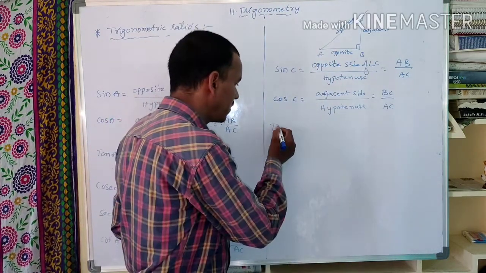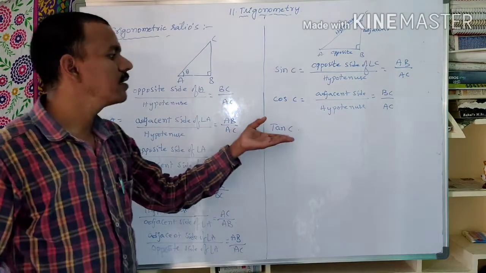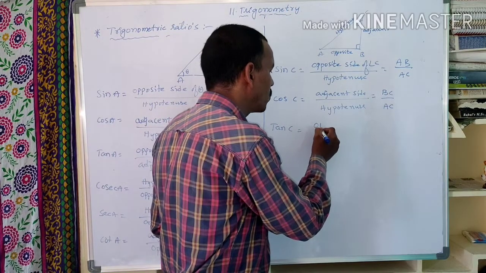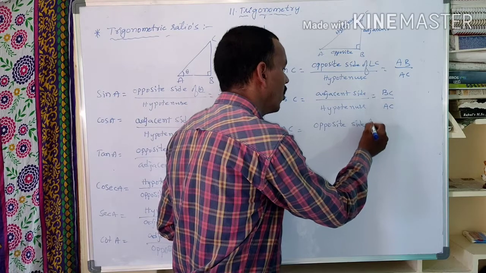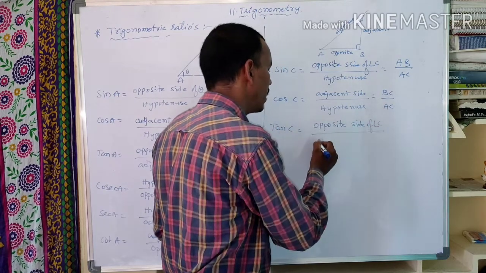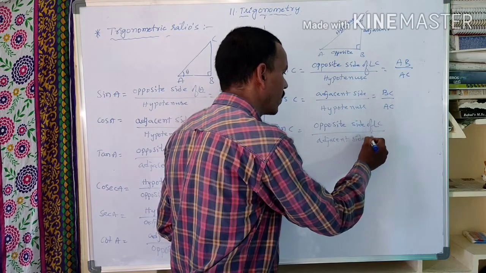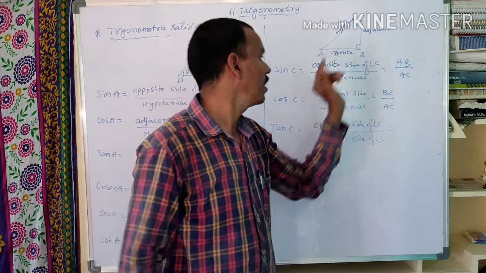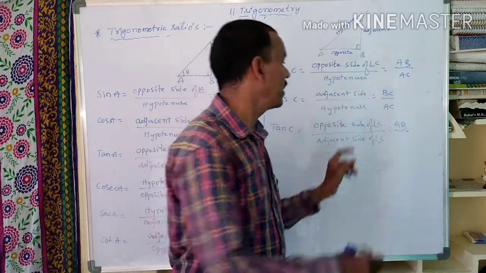Next tan C. We took tan A before, and here we take tan C. Tan C is equal to the opposite side of angle C by the adjacent side of angle C. The opposite side is AB, and the adjacent side is BC.